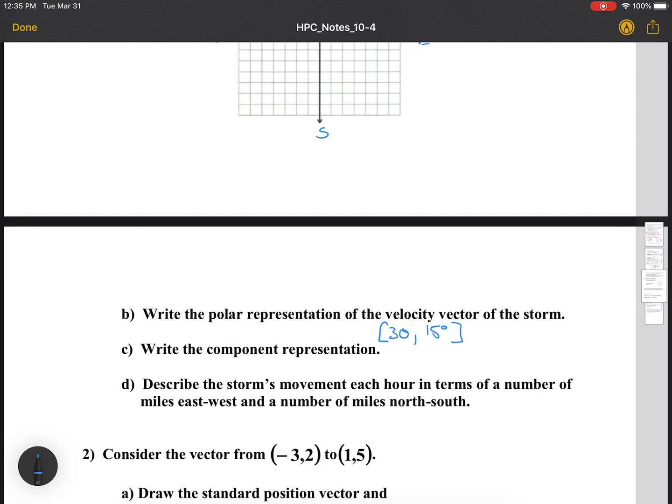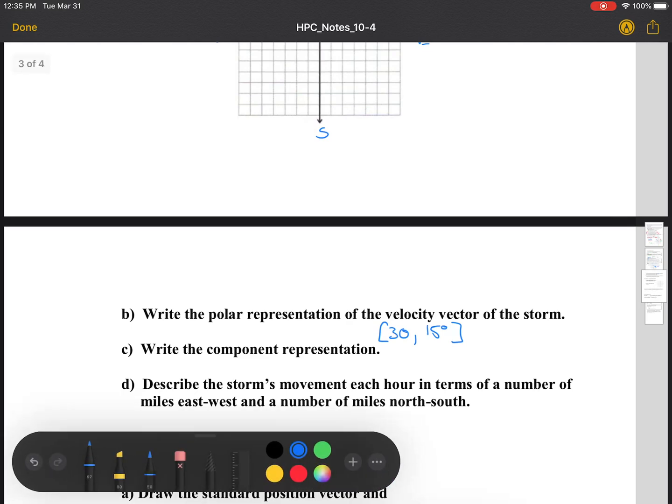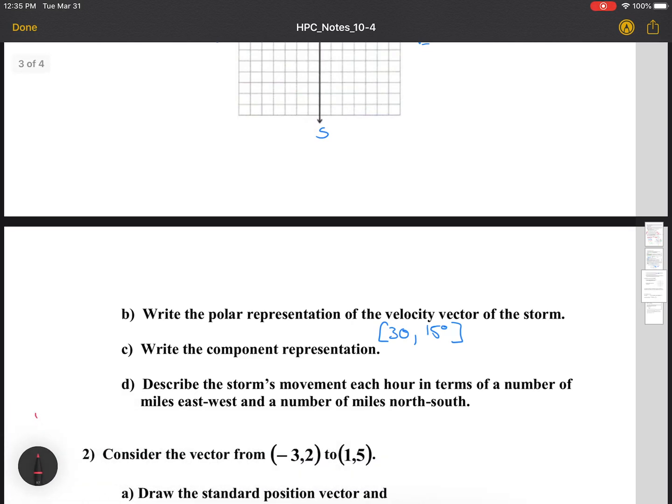For the next part, it's asking us to write the component representation now. So we need to write it in terms of our x and y. That sounds like we're going to need to do a little converting. So we take our r times, remember, the conversion is r times cosine theta, sine theta, which is 15.